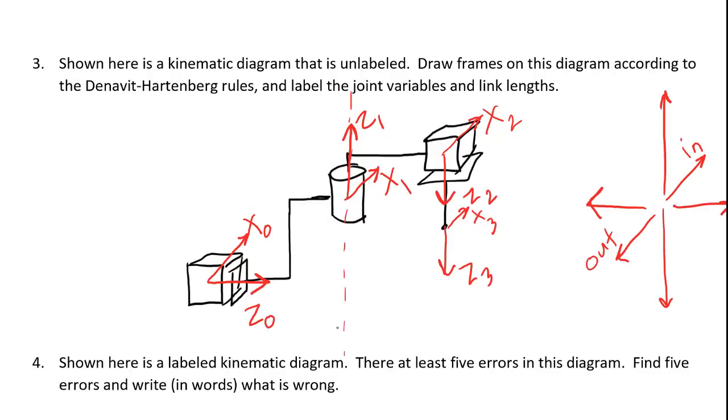I'm going to move the center of the 1 frame only in this direction, and I'm going to move it down to right here. So after I move it, Z1 will be there and X1 will be there. This is the smallest amount I can move the 1 frame in order to get it so that it follows the rule where X1 has to intersect Z0. So that's where I'm going to move the 1 frame.